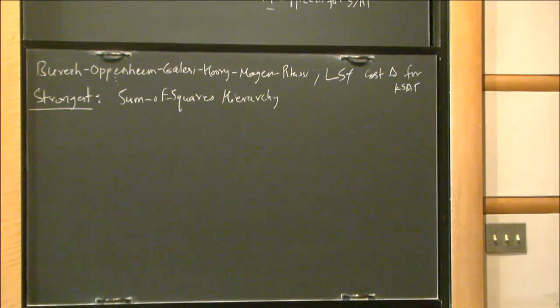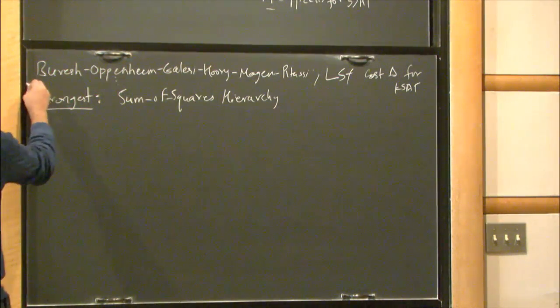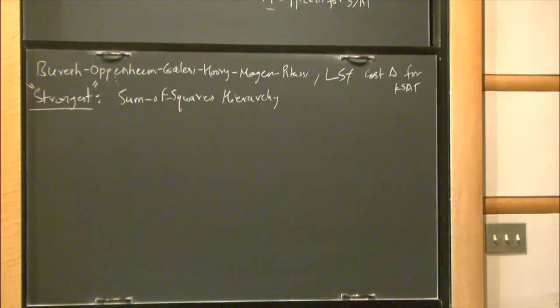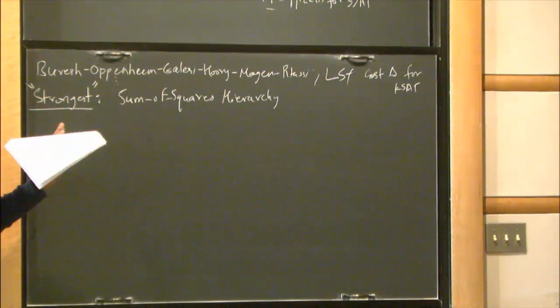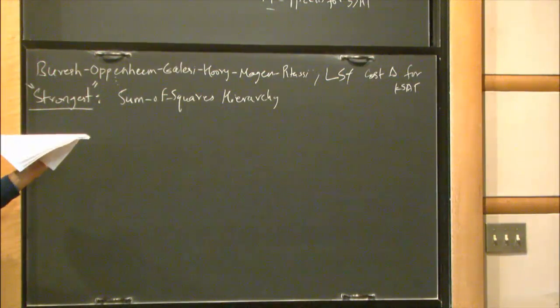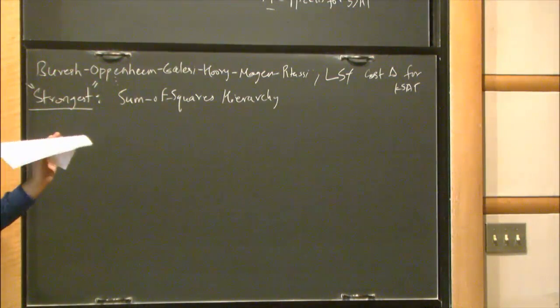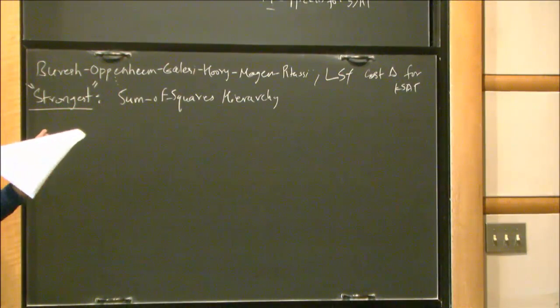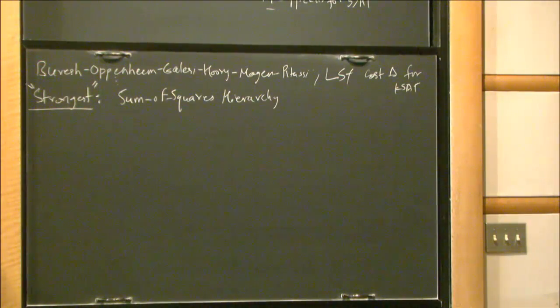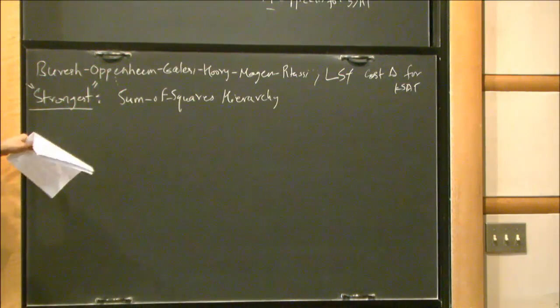So when you say strongest, it's in quotes. I think I could safely say the strongest algebraic proof complexity hierarchy that we know. But in general, it's possible that there are combinatorial propositional proof systems which we don't know how to simulate.